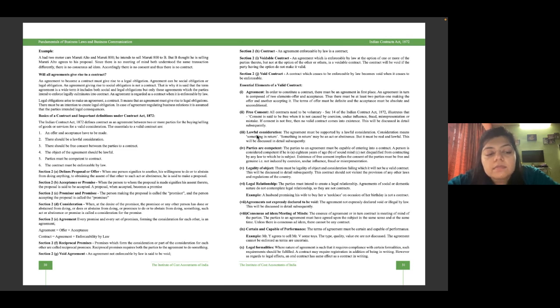The fourth is the object, which has to be lawful in nature. What is the object that you are dealing in? If it is gambling, then it's opposed to certain countries' laws, obviously with some exceptions.